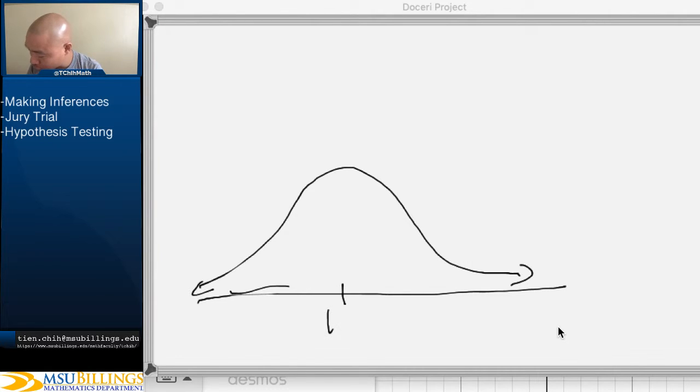And we're assuming the null, right? So we're assuming that the mean is 120 pounds. And so I'm going to write that down there because we assume H0, right?